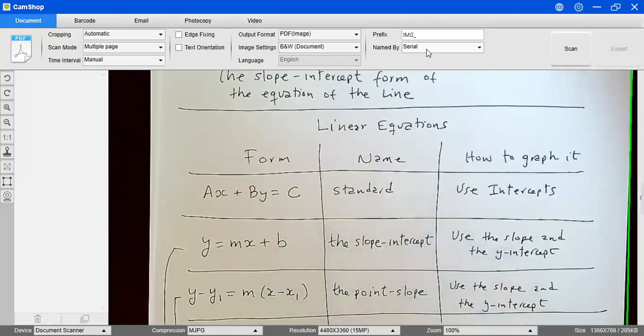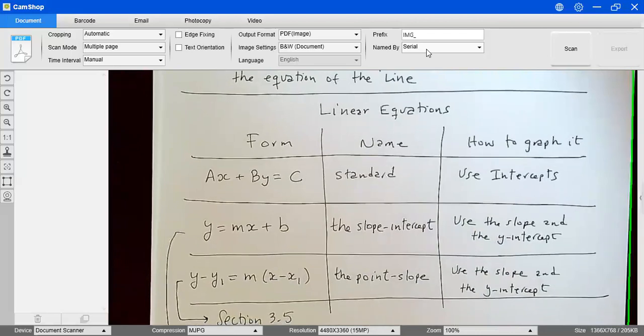And there is another third way to express the equation of a line. Y minus y1 equals m times x minus x1, where x1 and y1 are the coordinates of a point. So this is going to be the point-slope form, because you're using a point and also the slope.